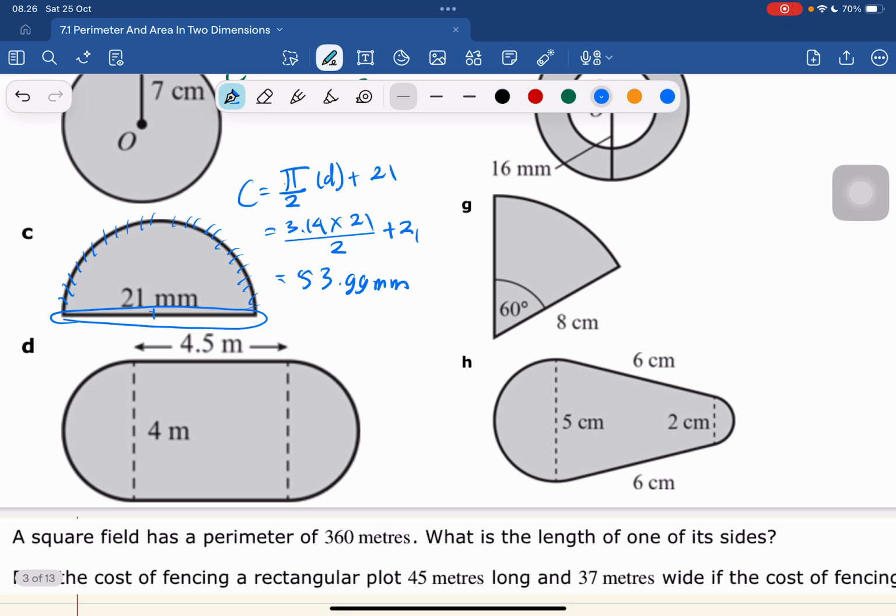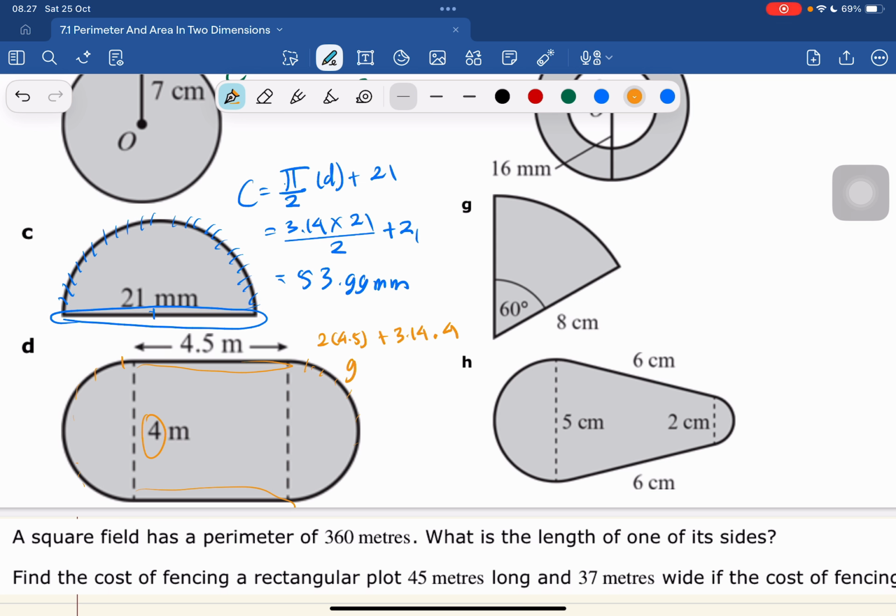Next is D. Remember, perimeter is the addition of all the sides. So we got 4.5 and 4.5. So it's going to be 2 times 4.5 plus, this is a half of a circle and a half of a circle. So this is like one circle. So we can make it 3.14 multiplied by the diameter, which is 4.